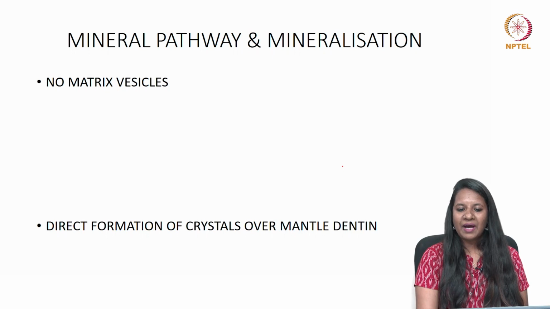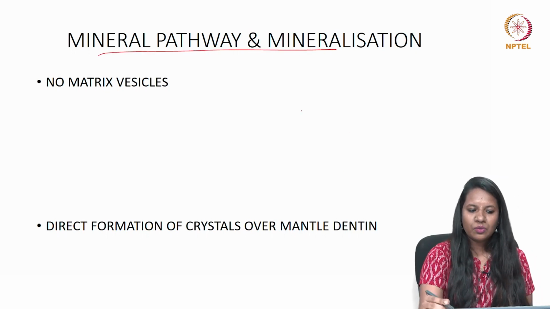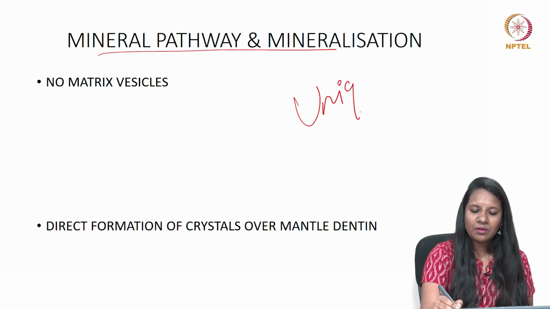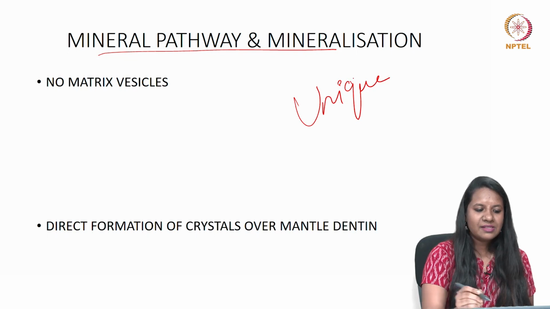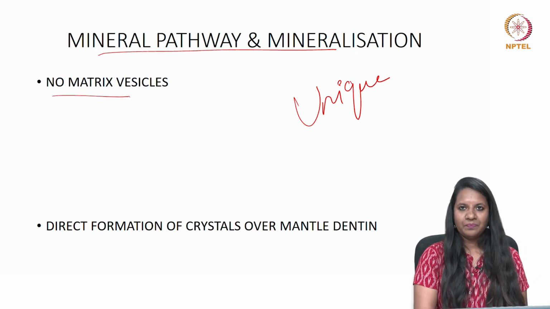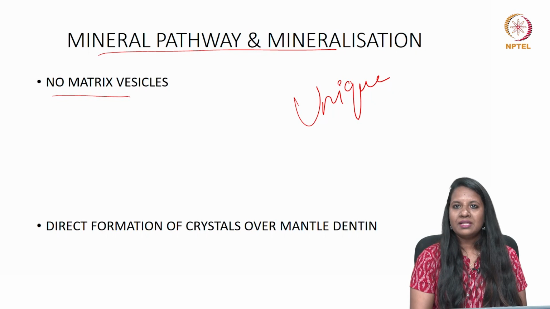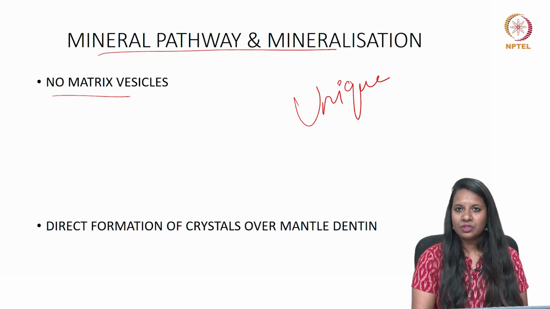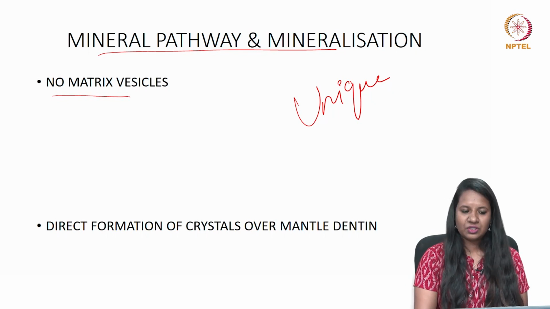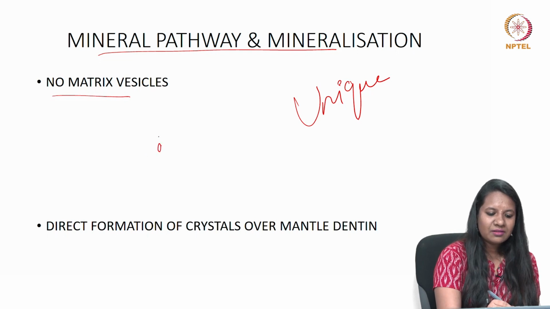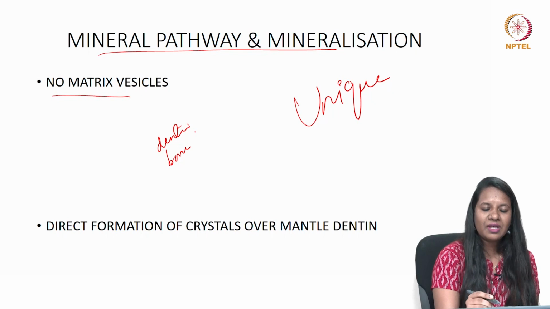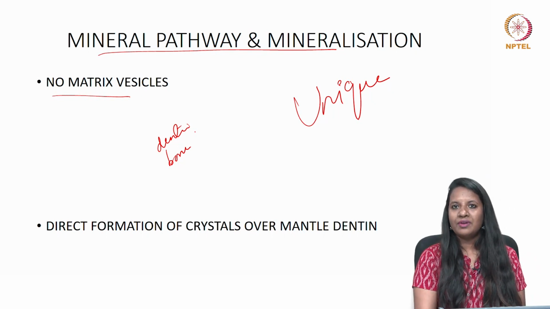Moving to the mineral pathway and mineralization, which is very unique because it does not have matrix vesicles, which play a main role in the mineralization and maturation of collagen-based calcified structures such as dentin or bone. So, there is no equivalent formation of predentin or osteoid here in enamel.